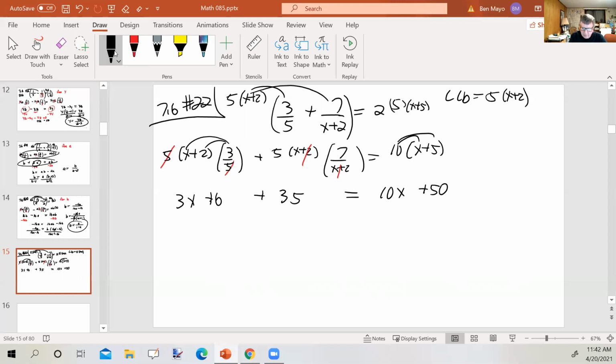Wait, why did you write x plus 5? On the top, you wrote 2 times 5 and then x plus 5. It isn't supposed to be x plus 2? Yes, it is.